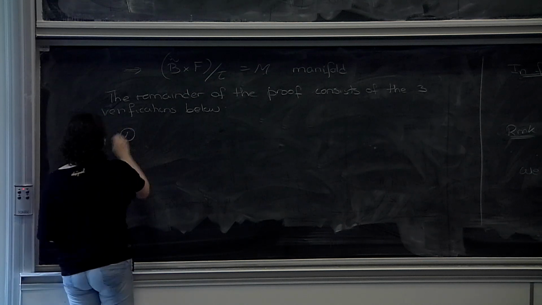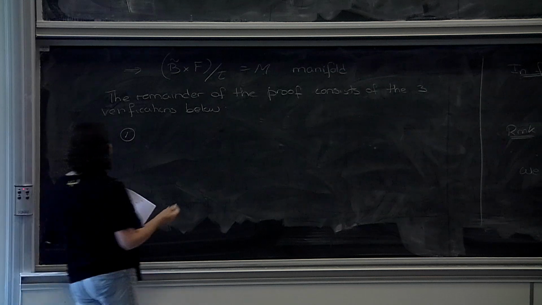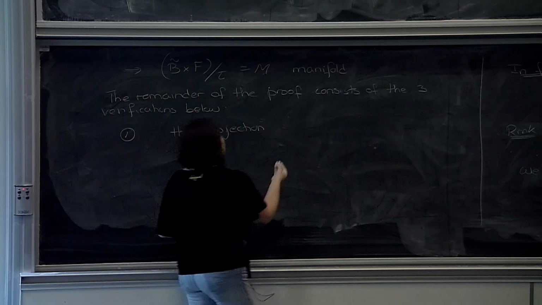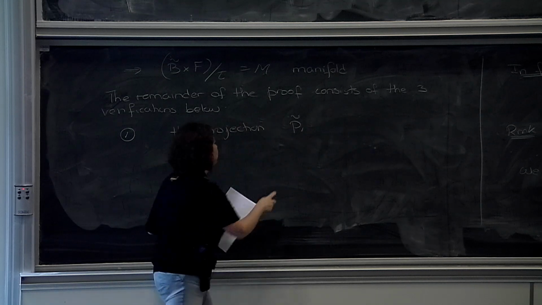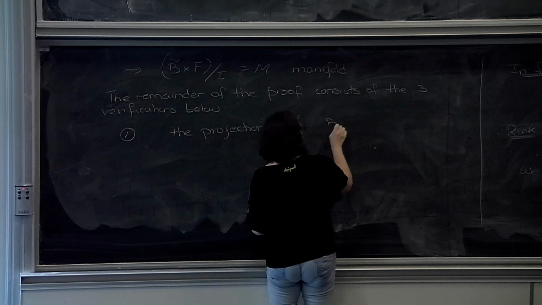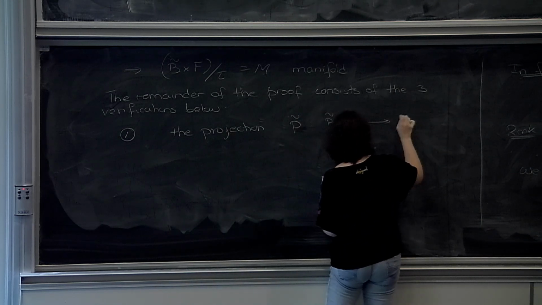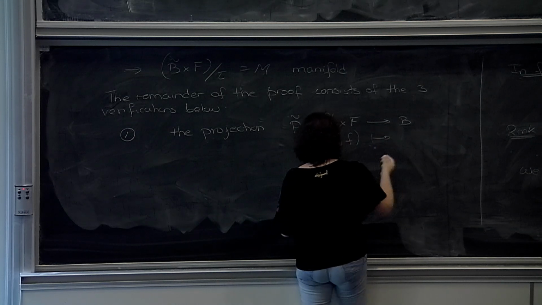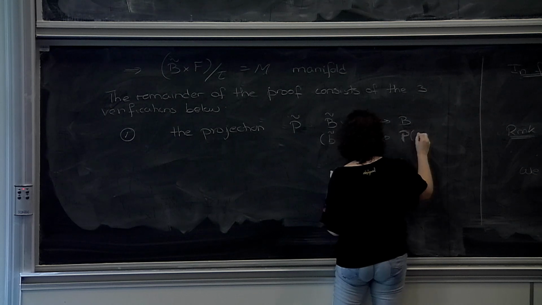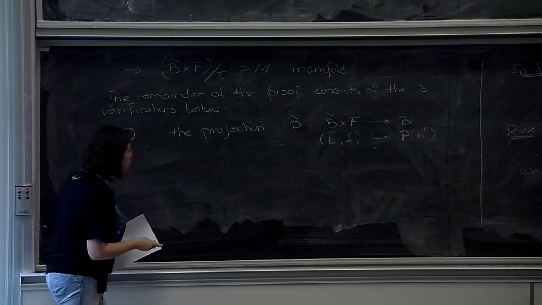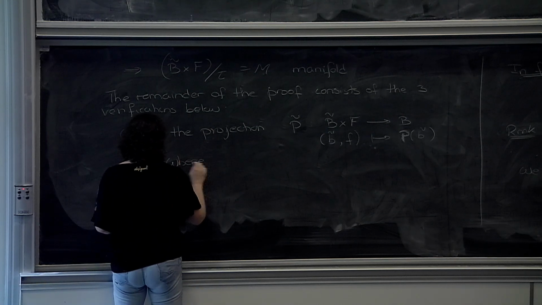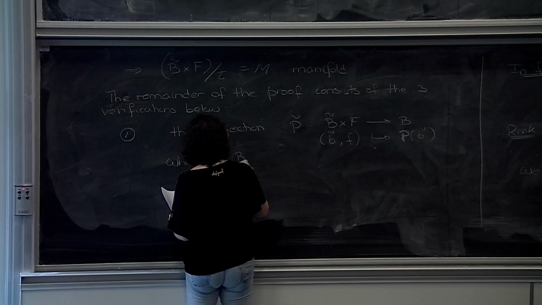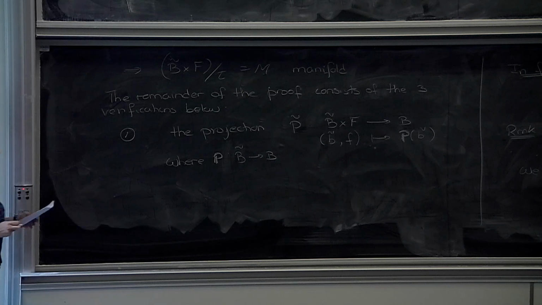Okay, so the first verification that we have to make is the following. We can take a projection P tilde from the product B tilde times F onto B that associates to every element (B tilde, F) the projection of B tilde, where this projection of B tilde is just the projection given by the universal covering.